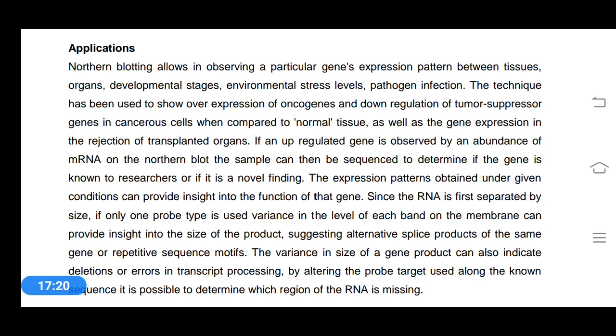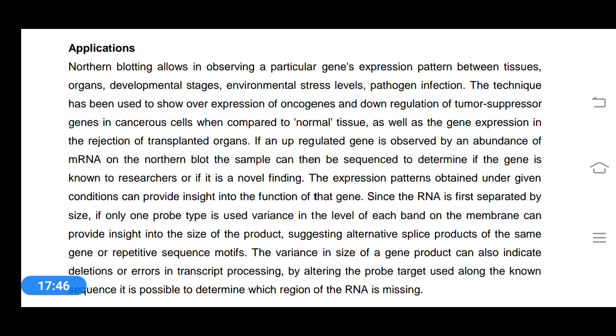So the regulated gene which is observed by this mRNA northern blotting can also be carried. The expression patterns obtained under a given condition can provide insight into the function of the gene.